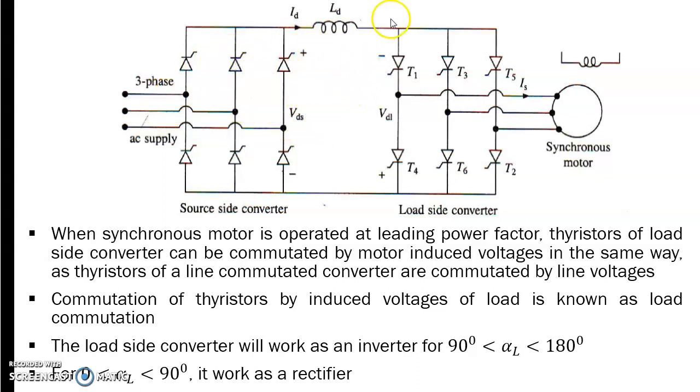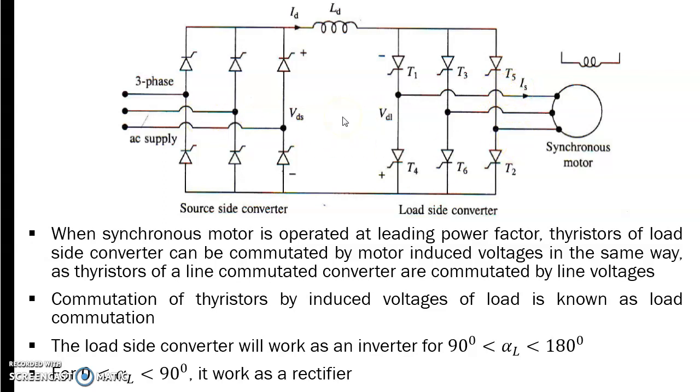Then it is given to the current source inverter, and this DC is converted again to AC, and it is given to the stator of the synchronous motor. For a firing angle of the source side converter of 0 to 90, and a firing angle of the load side converter of 90 to 180 degrees, that is the motoring operation.